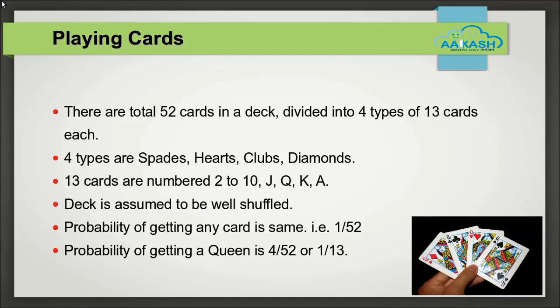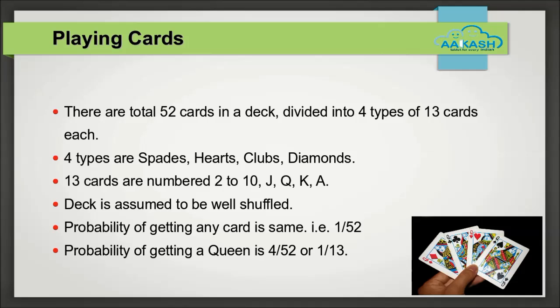Moving on, we have playing cards. In each deck of cards, there are a total of 52 cards of 4 types. These are divided into spades, hearts, clubs and diamonds, each of which has 2 to 10 numbered cards, and jack, queen, king and ace. We always shuffle the cards before performing any experiment. Thus, the probability of getting any of them is 1 by 52.